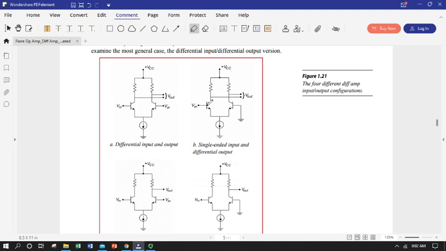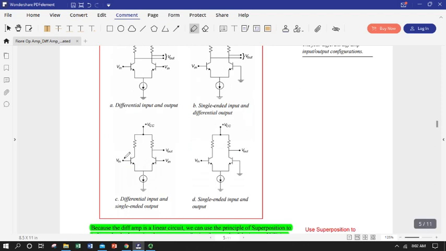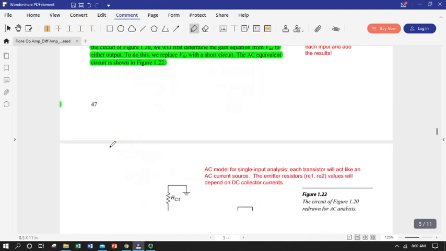I can put a signal in just one place, and then I can take the output as the difference in the two collector voltages. I can put signals in at both places and only take it out at one or the other, and I can put it in at one place and take it out at one place. So these all have different names: differential input output, single-ended input output, and all the ways in between.